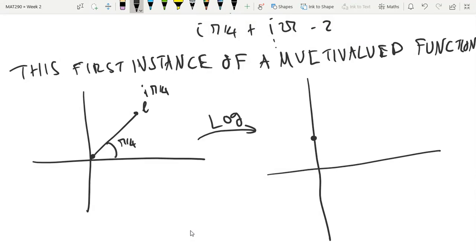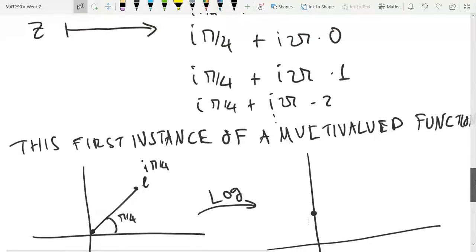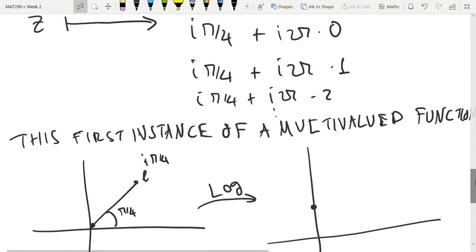So let me go a bit above. We have the 0 guy over here.